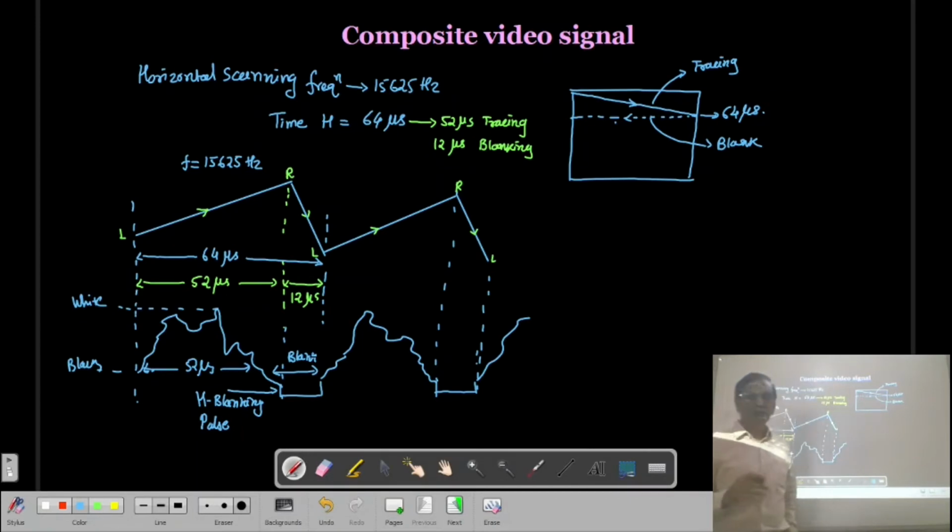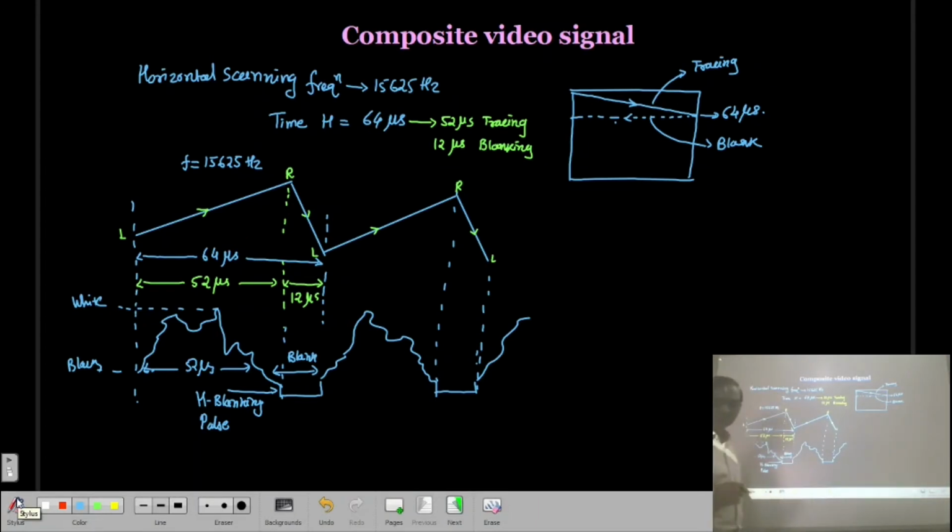Now, for the synchronization, line to line synchronization should be there, and for that the horizontal sync pulse is added. Remember, again here we require two types of synchronization. One is line to line synchronization, and when one frame or one field is completed, then to synchronize the field, the vertical sync pulse is added.